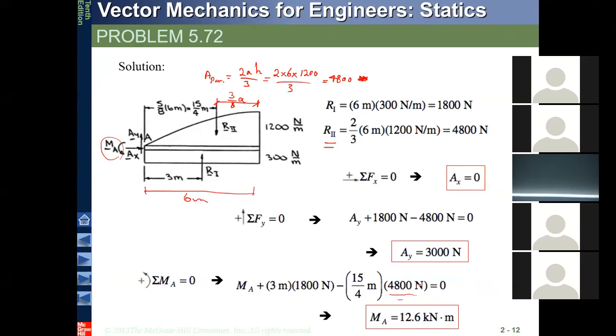So then you will get the moment around point A, 12.6 kilonewton meter. Okay, is there any question?